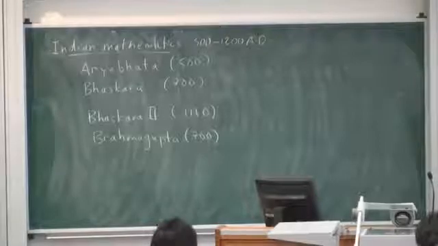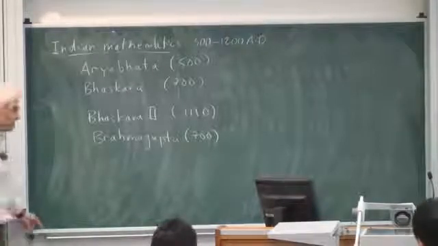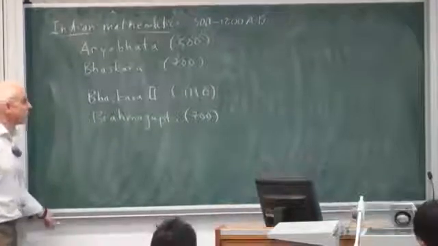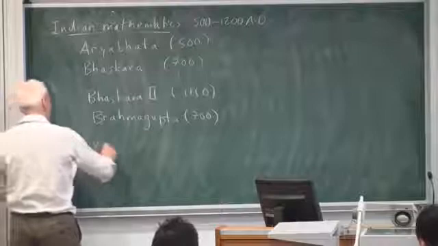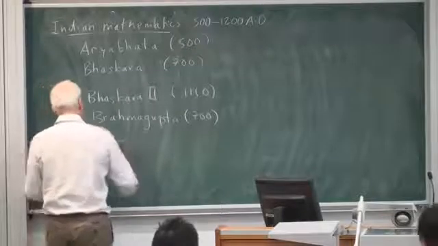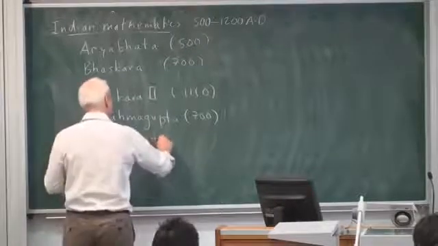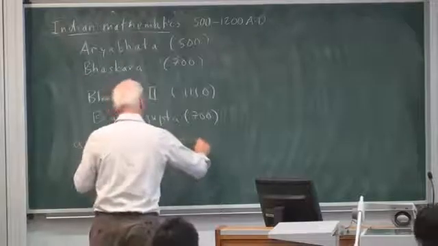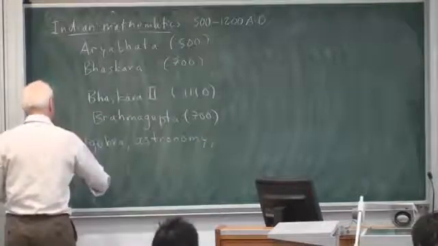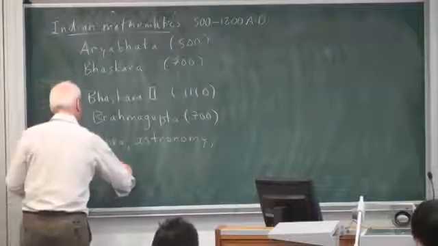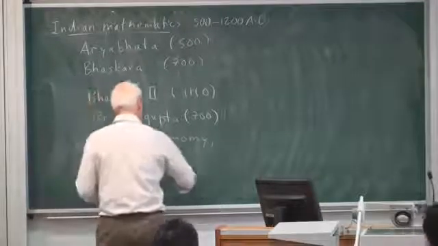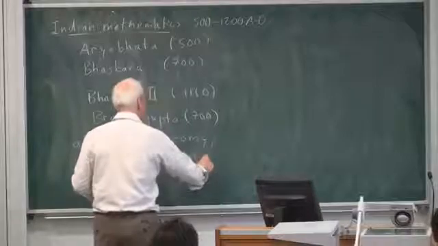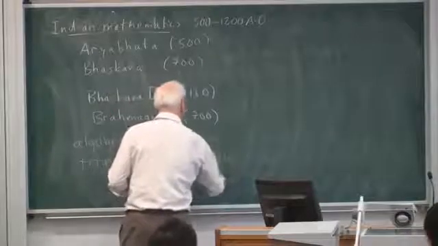What were the Hindu mathematicians interested in? They were not so interested in geometry. They did do some geometry, as I'll show you. They were mostly interested in algebra, in astronomy, in trigonometry, and also solving equations with integers.